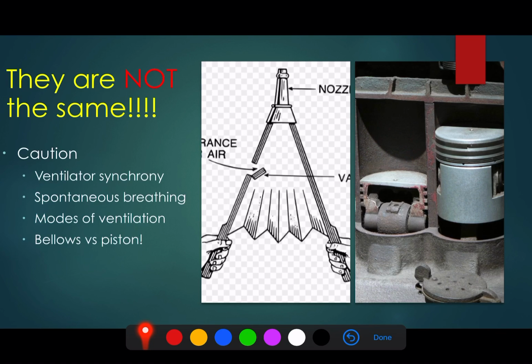Now that might seem like it's not very different to the passive flow of gas coming in with an anaesthetic machine, but it is different, because if you imagine that not enough gas has come into this bellows, then the ventilator will not be able to provide a breath, because there's not going to be enough gas for it to push down and expel out.